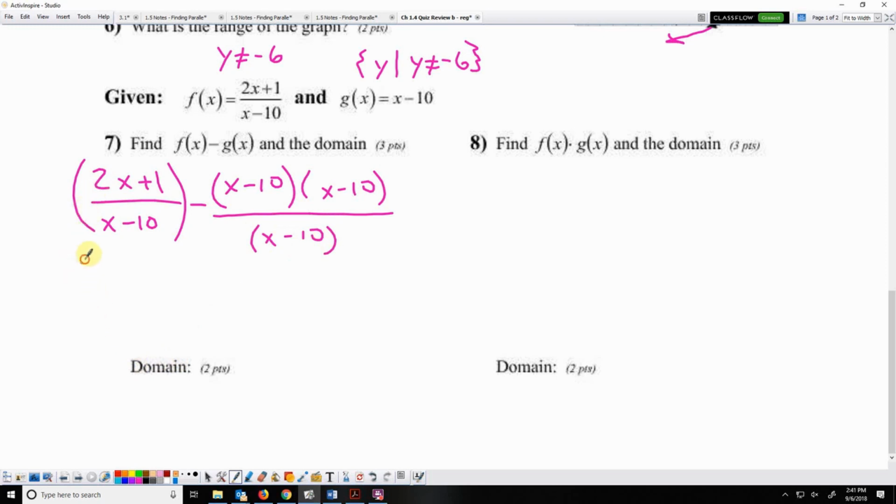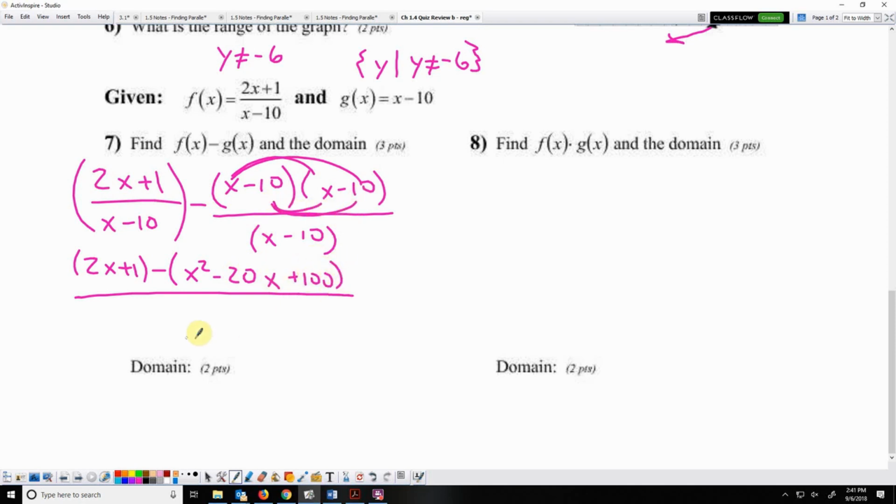So I'm going to have my 2x plus 1 minus whatever I get when I distribute this, x squared, minus 10x, that's minus 20x, plus 100, all over x minus 10.